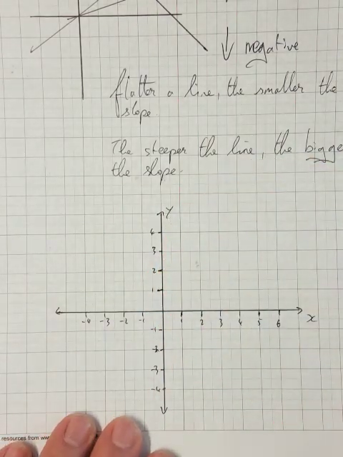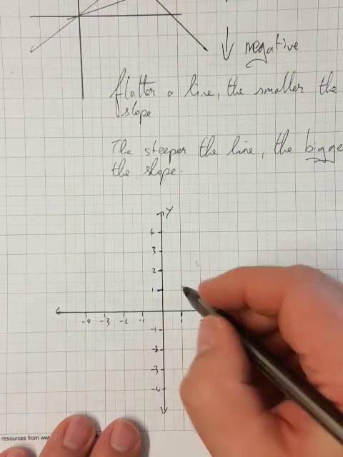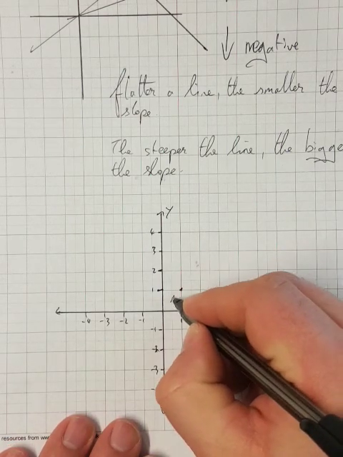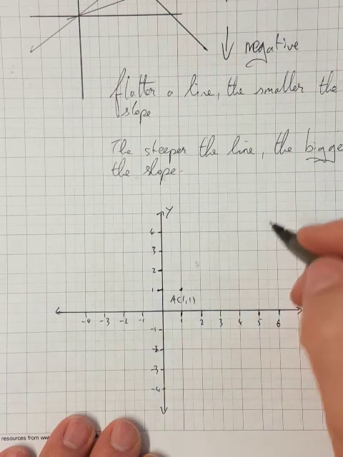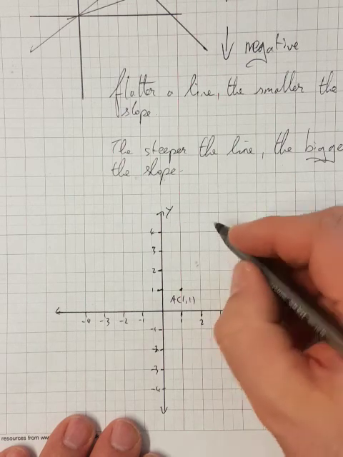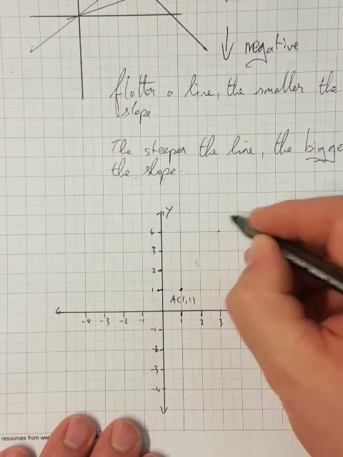If I have 2 points, let's say A, which is the point 1, 1, and B, which is the point, I don't know, 3, 4.